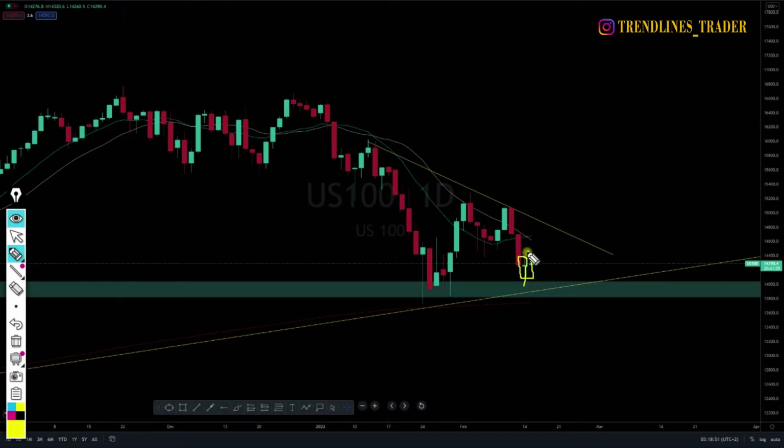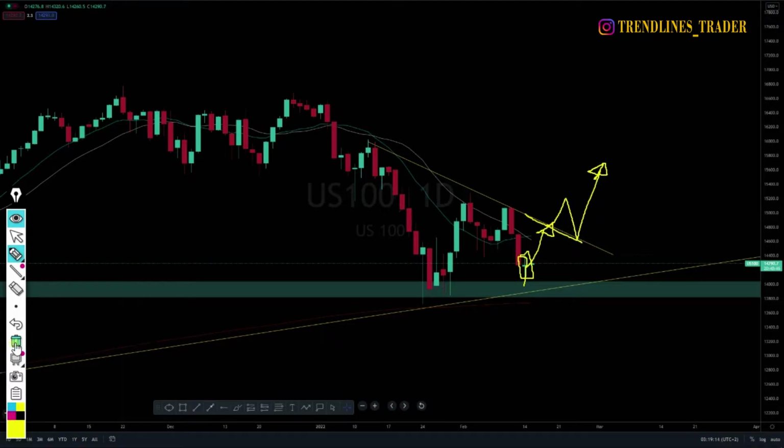It's a bullish doji candlestick, and it's about to push high to reach our diagonal resistance. During this week, I'm telling you, we will be having this type of movement or this type of structure by the end of this week.